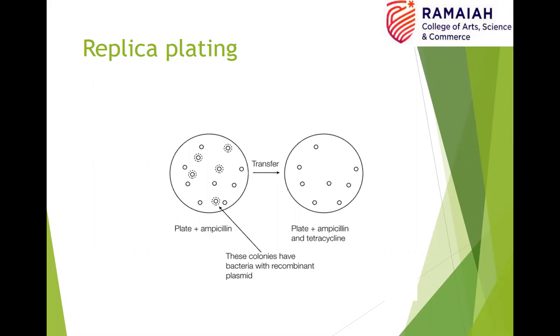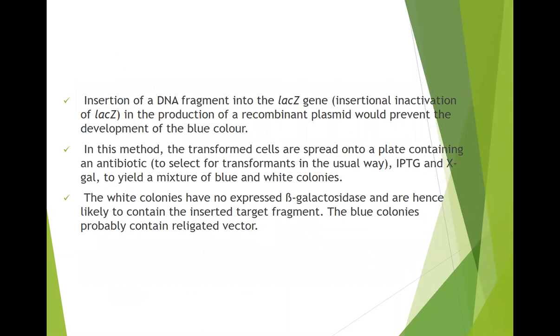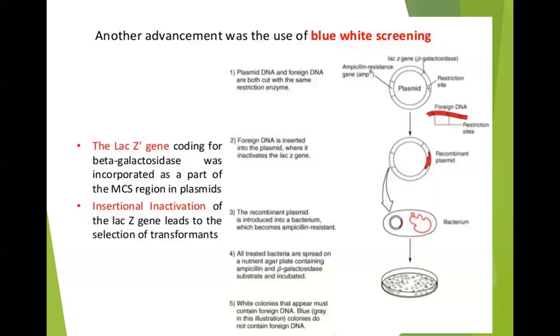If the vector we select consists of two selectable markers, then the next method, which we see in case of pUC series vectors, is blue-white color screening. This is another method for the selection of recombinants. I will directly go to the diagrammatic representation because all this procedure was already discussed in detail.